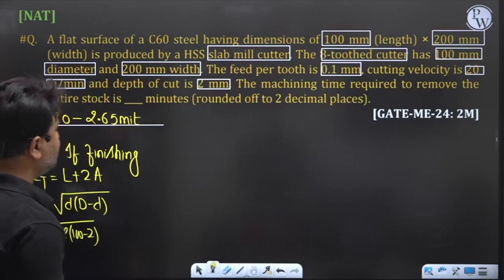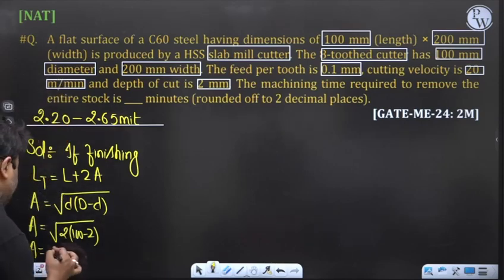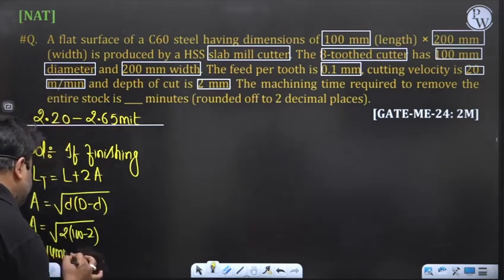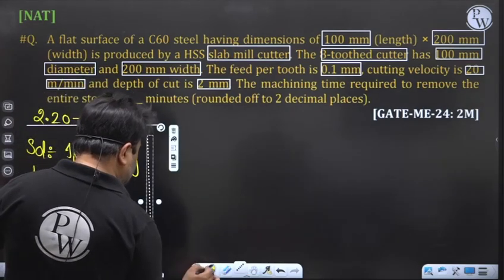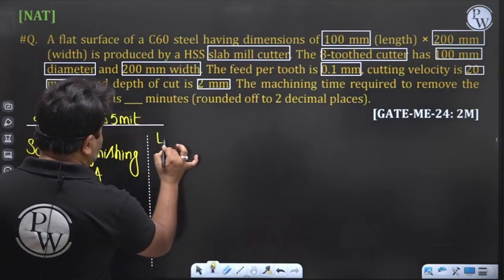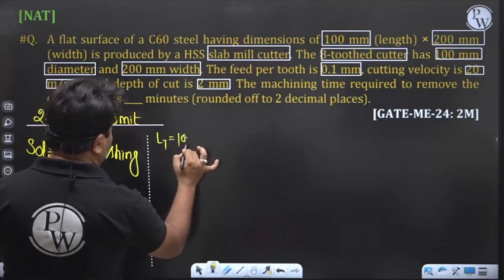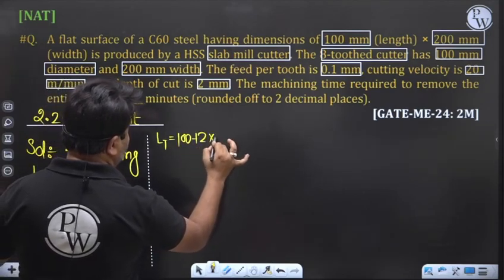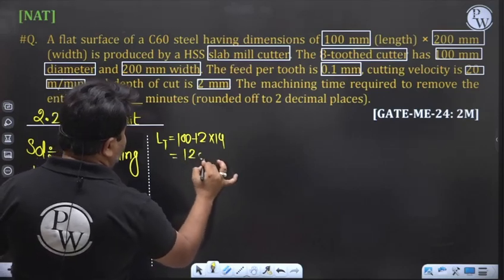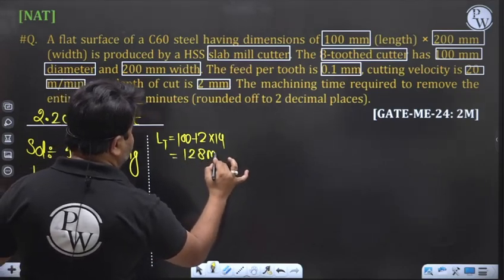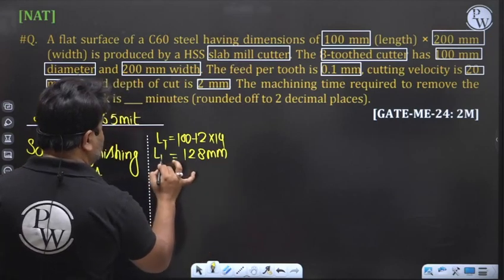So A will become 14. So the total length will be 100 plus twice 14, which becomes 128. This is the total length.